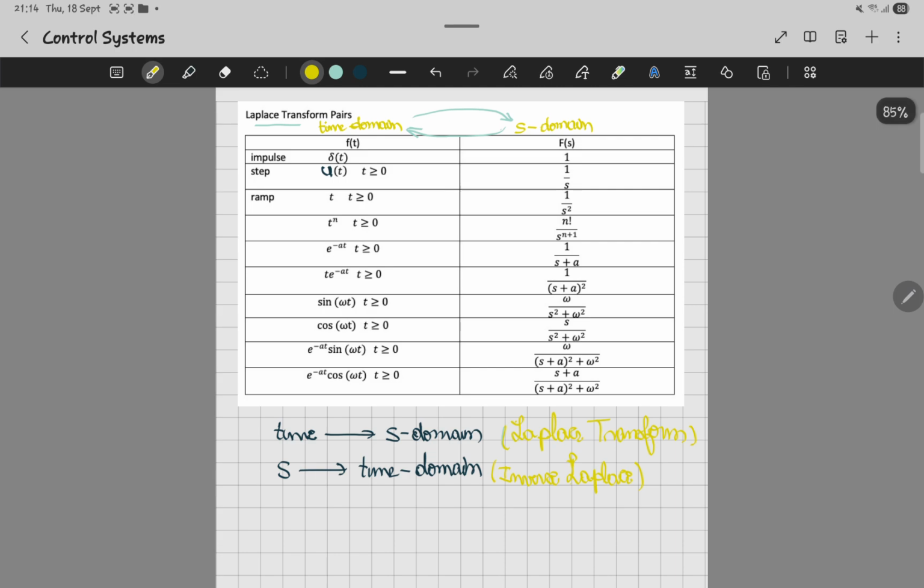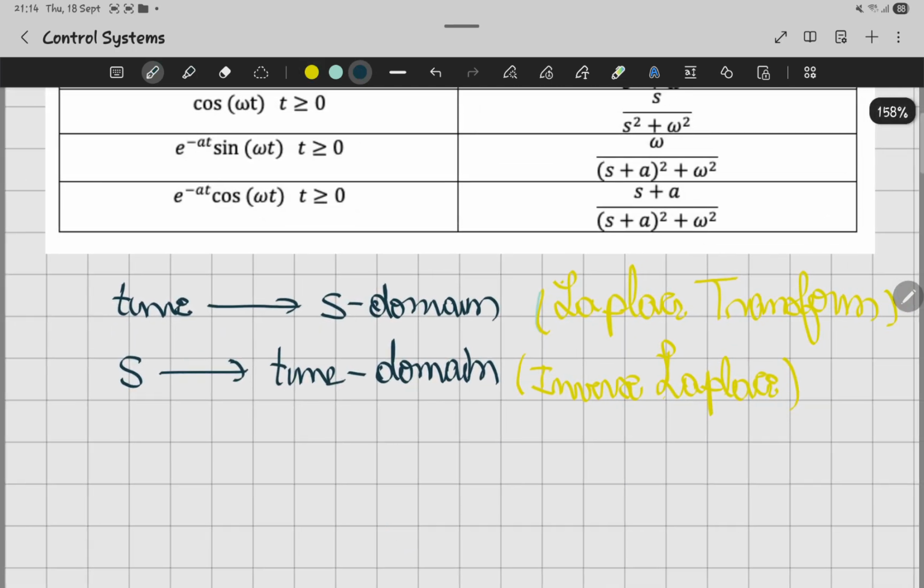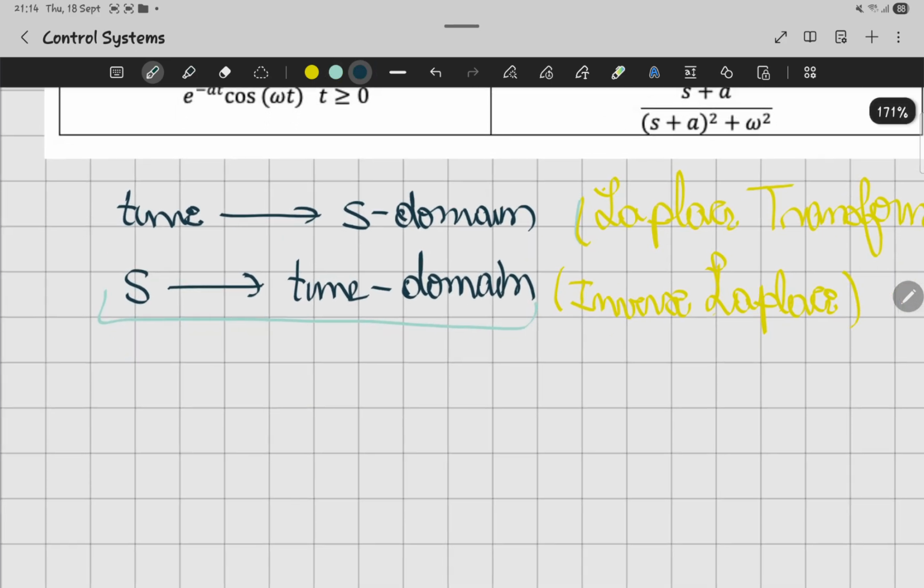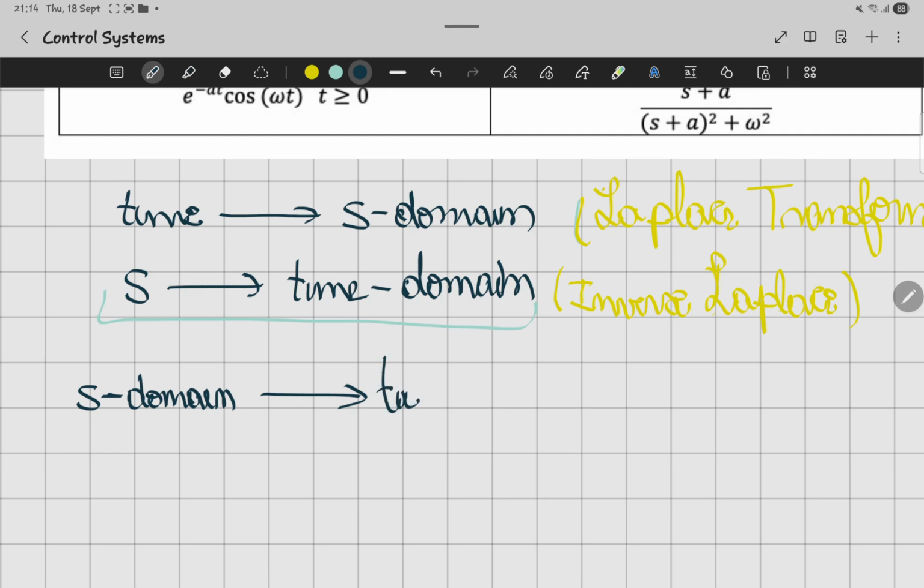Sometimes for you to move from S to time domain, we have this condition. From S domain to time domain, you need to check into the table.